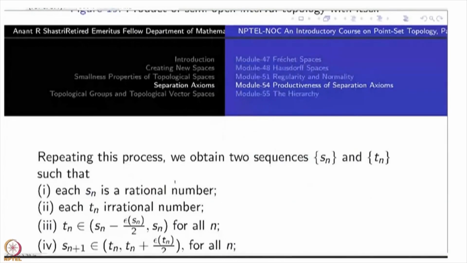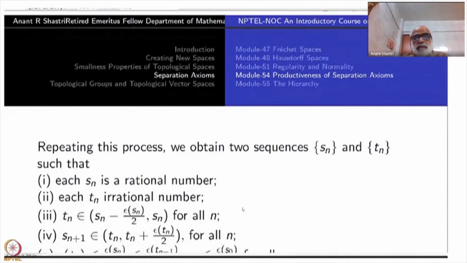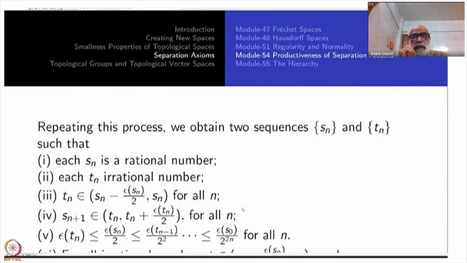Repeating this process, we get two sequences, Sn and Tn, such that each Sn is a rational number, each Tn is an irrational number. Tn's are inside Sn minus epsilon Sn by 2, comma Sn, and Sn plus 1's are inside Tn, comma Tn plus epsilon Tn by 2.